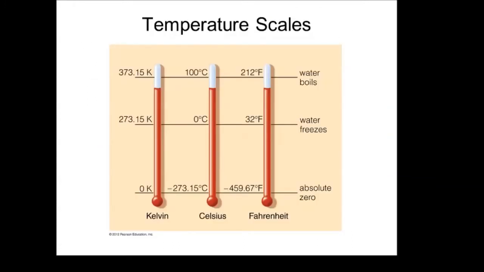Now, just to touch on the ideas of temperature again. Because we live in America, most of us are used to the Fahrenheit scale, which is what we've adopted here in America, and honestly, it's a rather odd scale.